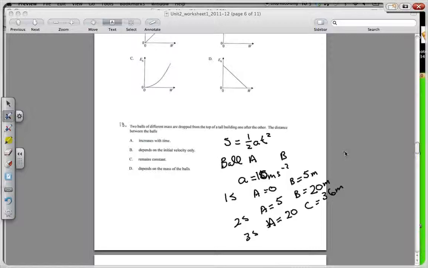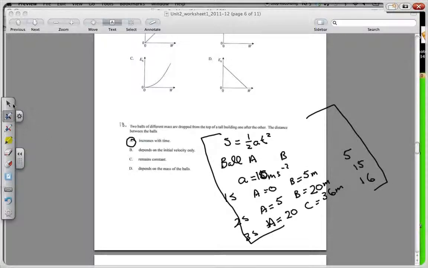So the difference between them would be 5, 15, 25. We can see that the distance between them is increasing, so it increases with time. Sometimes doing something like this is useful: just trying out a simple situation and seeing what the results would be.